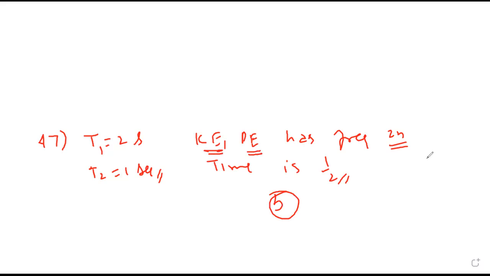If displacement has frequency n, then kinetic and potential energy have frequency 2n, so the time period becomes half. That is nothing but potential energy or kinetic energy. If potential energy were not given, I would have written D. Their difference will also have the same time period.